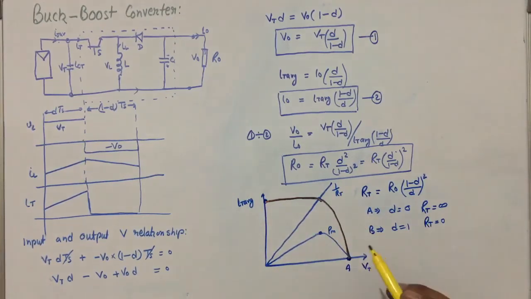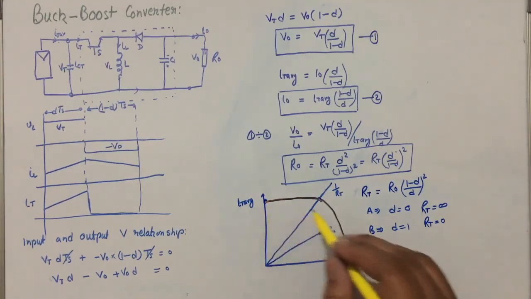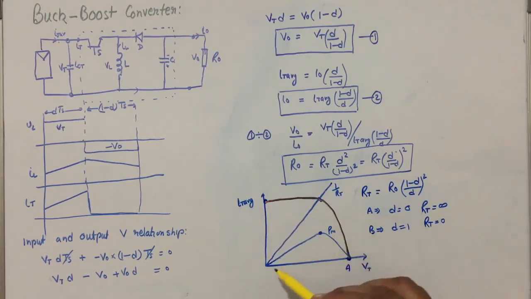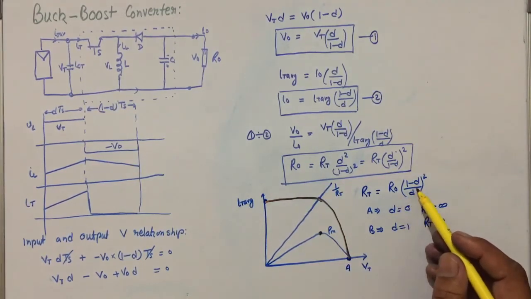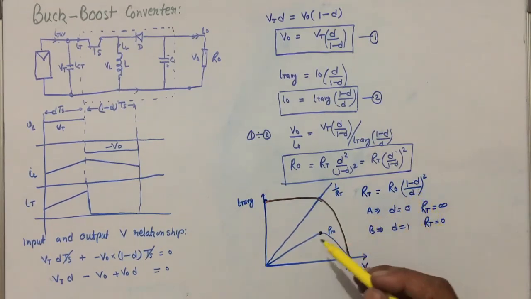If we can operate over the full range, then if the load line exists anywhere in this range with any slope, we can adjust D to operate at the maximum power point. So irrespective of the load resistance, just by adjusting D, we can get maximum power point operation. This was not possible with the buck as well as the boost converter.